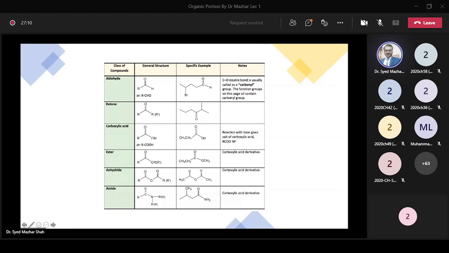But in ketones, both ends of this carbonyl carbon atom are attached to alkyl groups. And in carboxylic acid we have the COOH group, and then esters, anhydrides, amides. You can go through all of these to have a look, and most of the molecules or functional groups you are already familiar with.